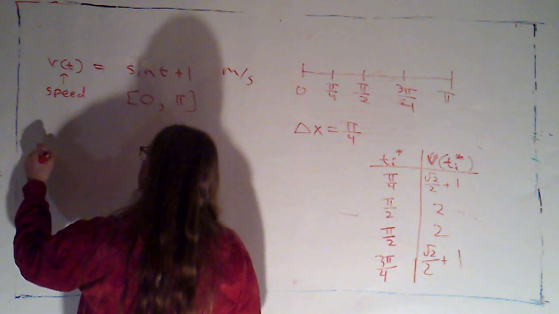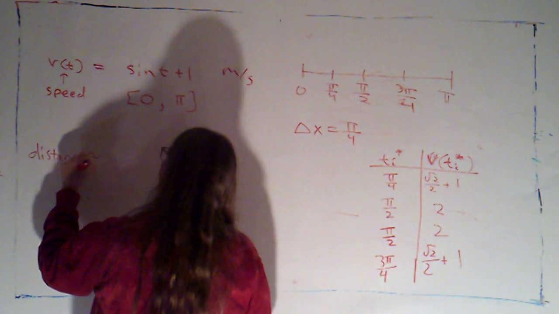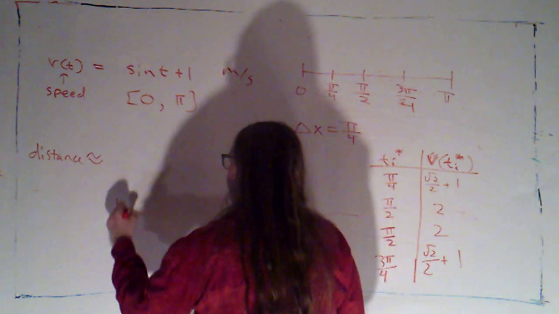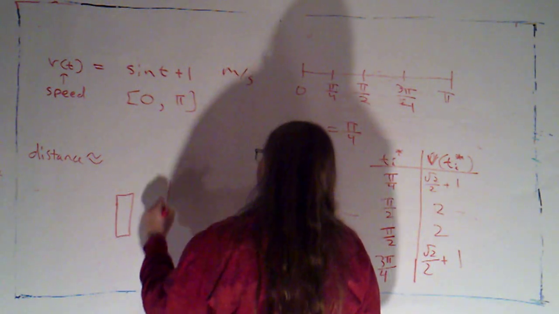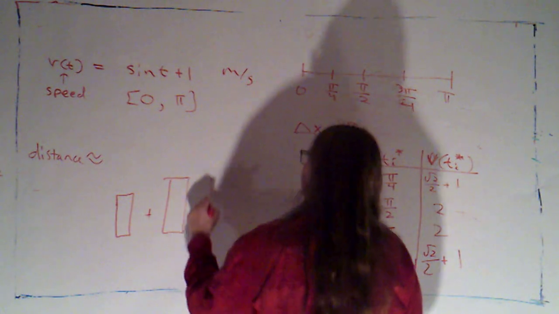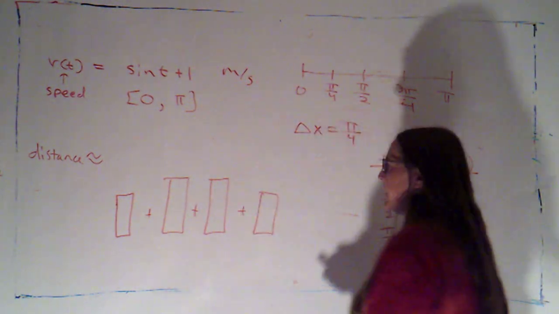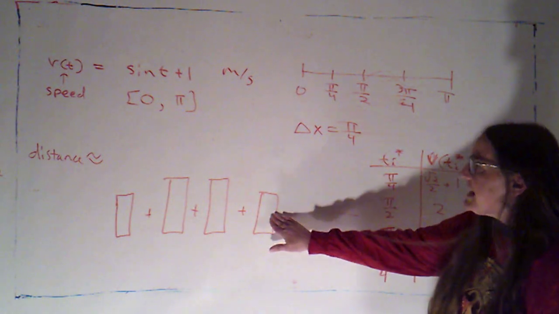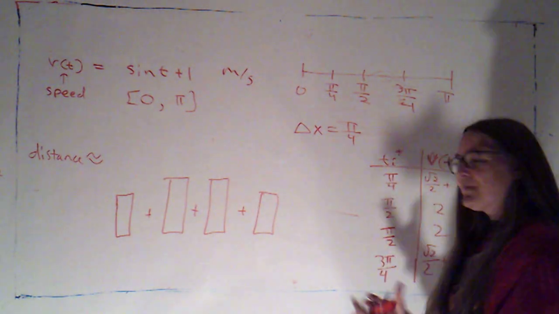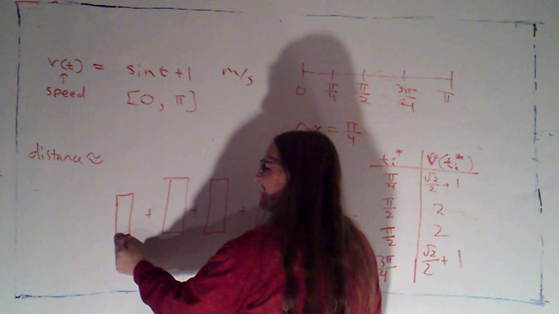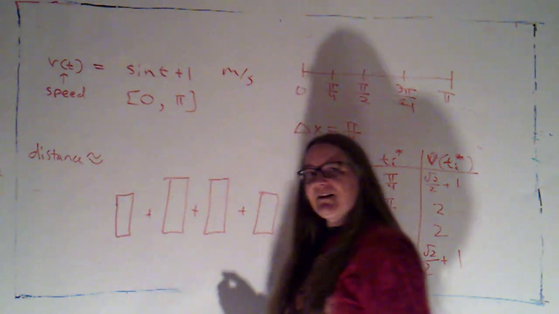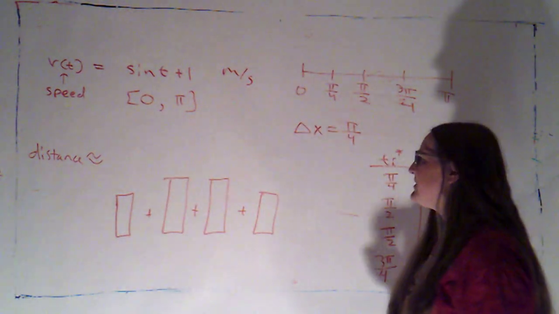So I can say my distance is approximately, and it's basically a rectangle plus another rectangle plus another rectangle plus another rectangle, where each of these rectangles is sort of symbolic. This is representing a time, this is representing a speed. Speed times time will give me distance.